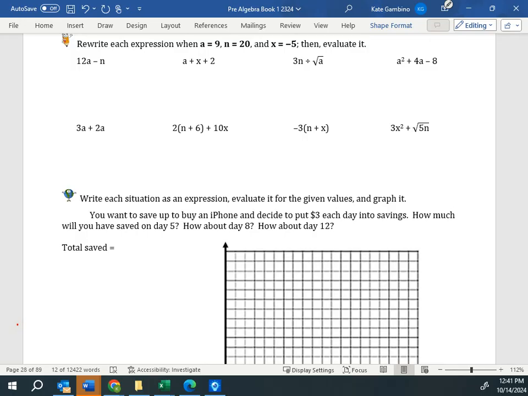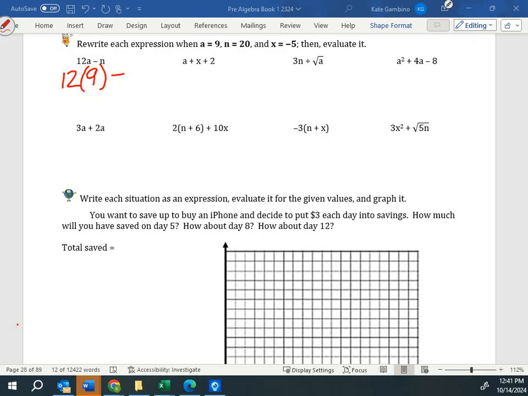So are we doing mental math with this? Now, it says rewrite the expressions, putting the values in for the letters. So our first step, 12a minus n. Well, 12 is a number. I need to put a number in for a. So what am I going to put? Christina? 9.